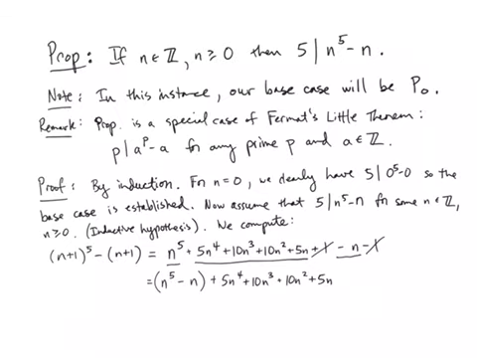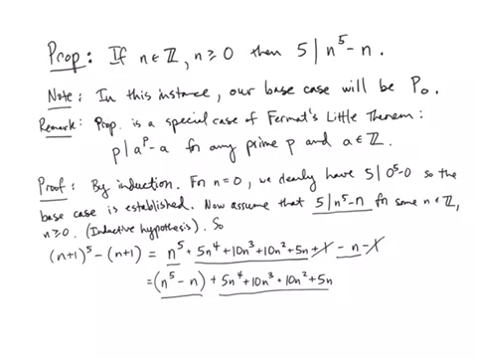And remember what we're trying to do is show that 5 divides this, right? So clearly there's a factor of 5 in every term here that we can pull out, right? And we know that 5 divides n to the 5th minus n, so there must be a factor of 5 in there. I probably should have set this up a little bit better, so I'm just going to go back and do that now. So up here, all I'm going to write is that n to the 5th minus n must be equal to 5 times k for some integer k.